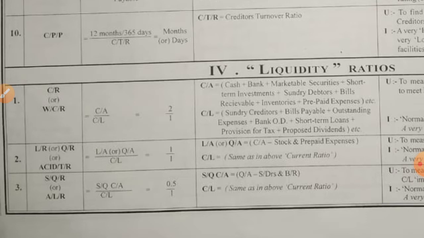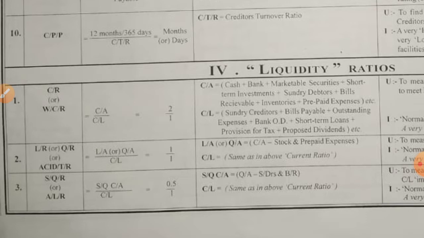In these cases, the denominator will always be current liabilities and the numerator will change. In case of current ratio or working capital ratio, current assets. In case of liquid ratio or quick ratio, quick assets or liquid assets. And super quick ratio, super quick assets divided by current liabilities. The denominator is always current liabilities, the numerator will change.